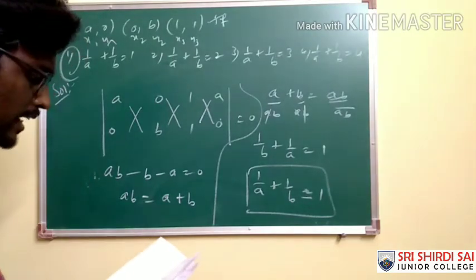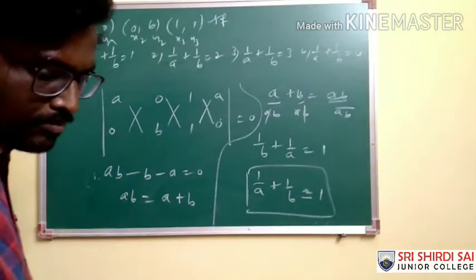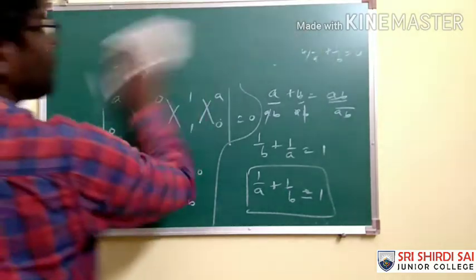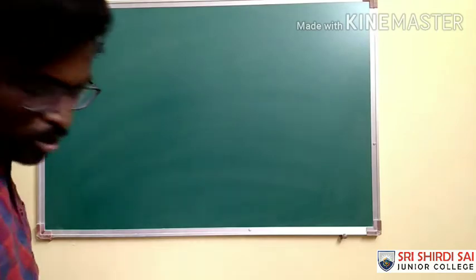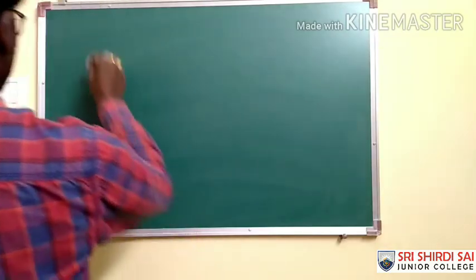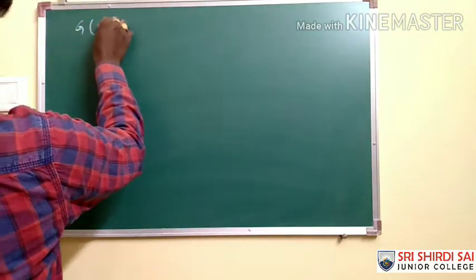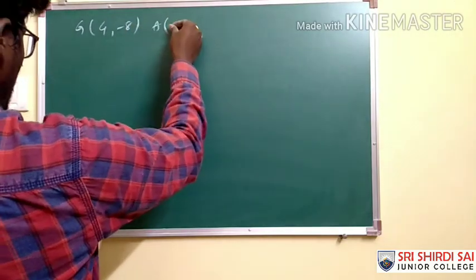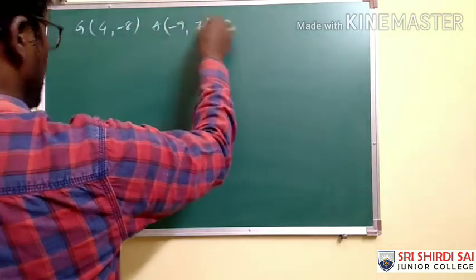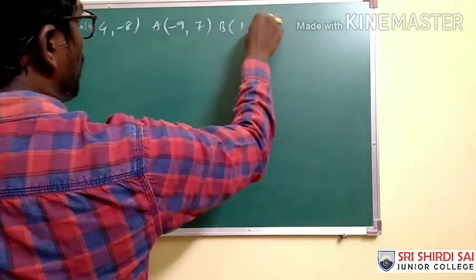The centroid and two vertices of a triangle are given. G is minus 4 comma minus 8, and two vertices, let's say A is minus 9 comma 7 and B is 1 comma 4.